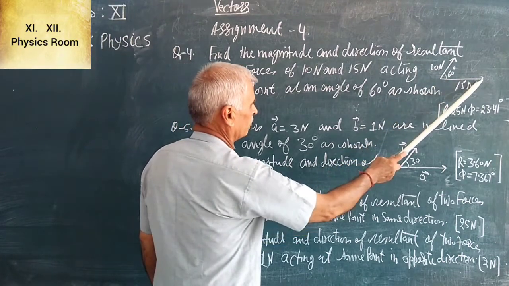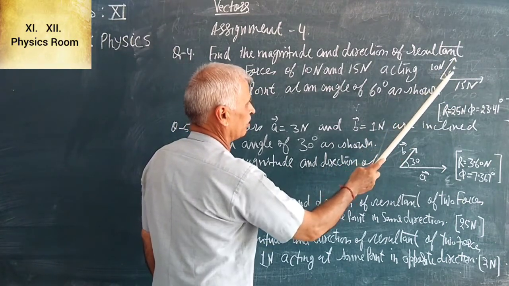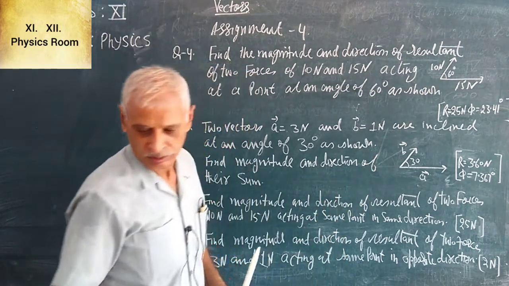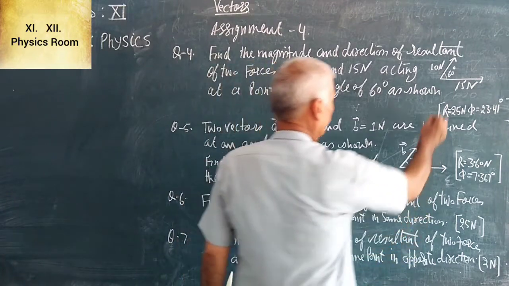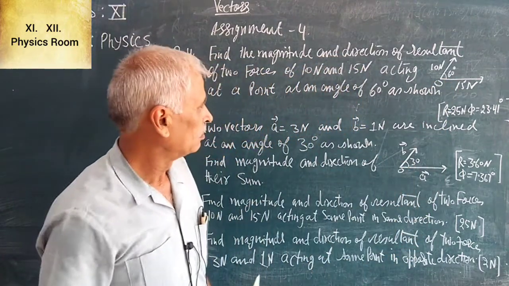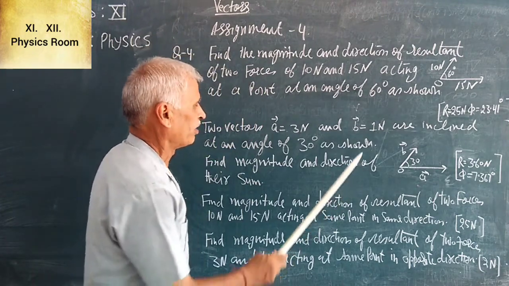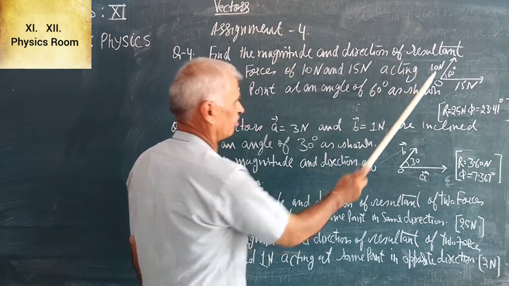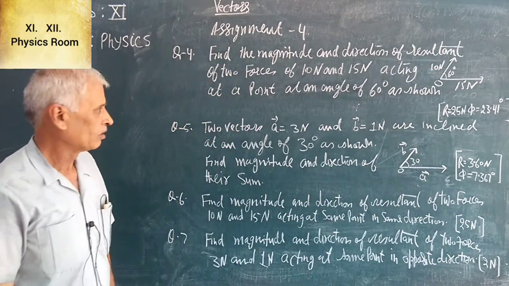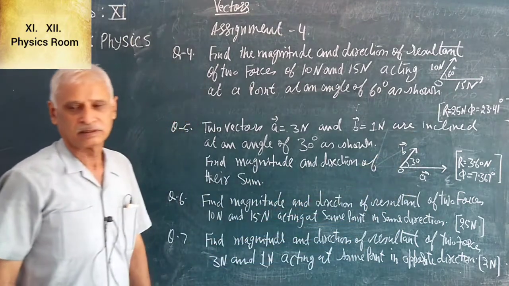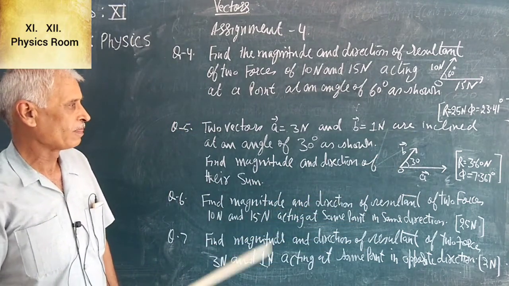This is one force 15 Newton, this is second force 10 Newton inclined at an angle 60 degree acting at this point O. And you have to find out the magnitude and direction of resultant. Here is the answer. You can compare after calculation of results.